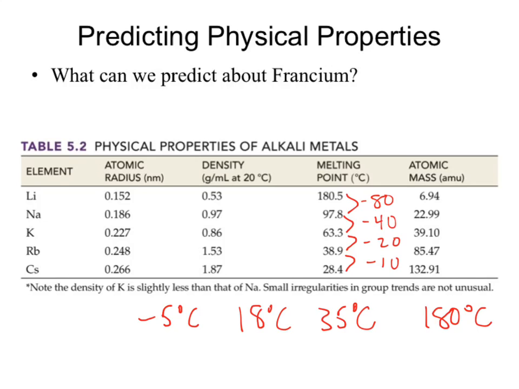Which of those? 18 degrees Celsius. 18 makes the most sense for our answer and for the trends that we see. Okay. All right? So it's going to go based off of those general trends on what we're trying to do and predict.